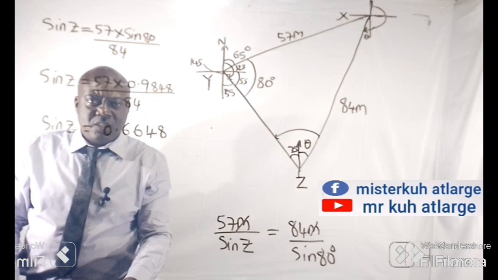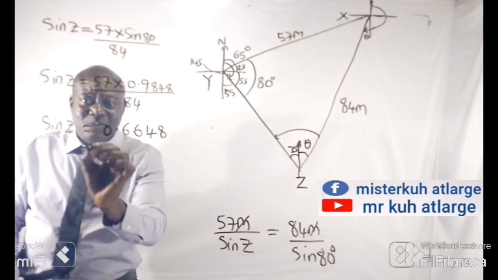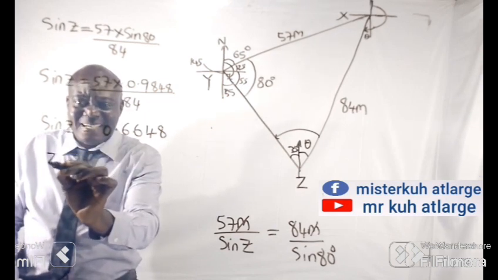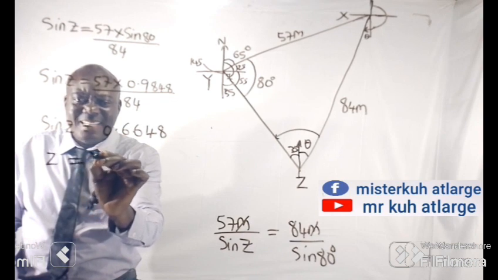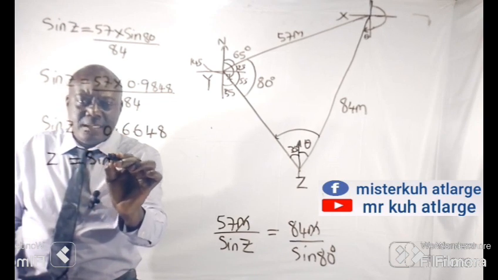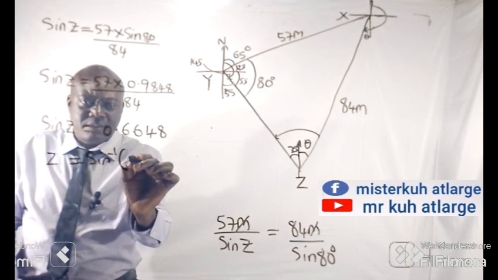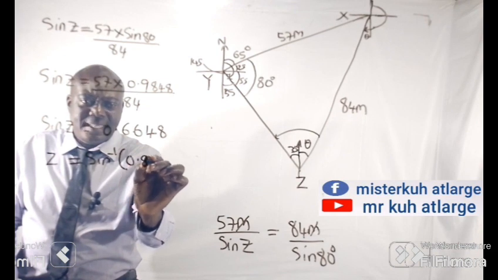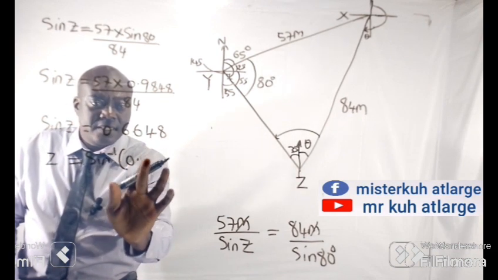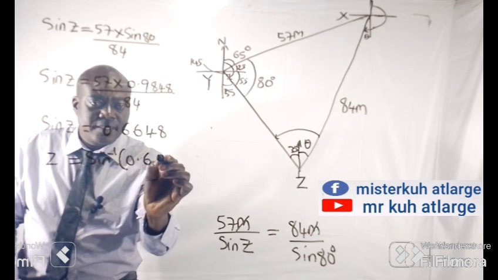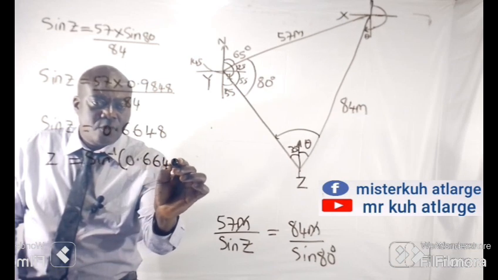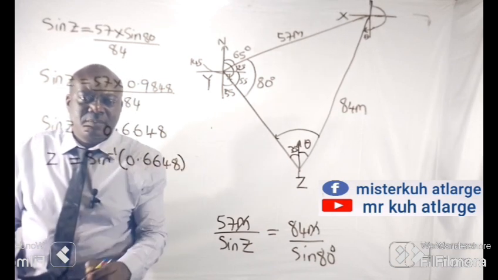So to get z, z now will be sine inverse of 0.6648.